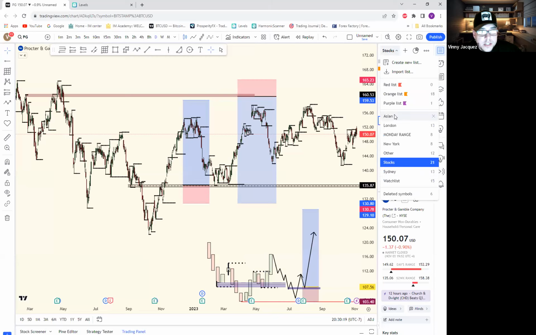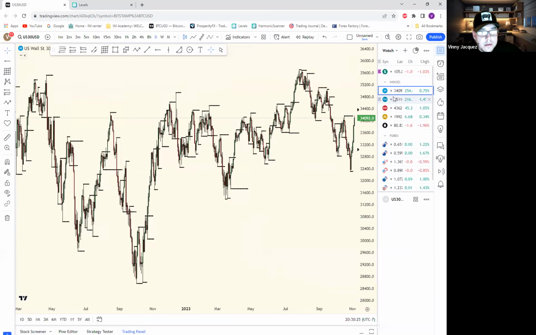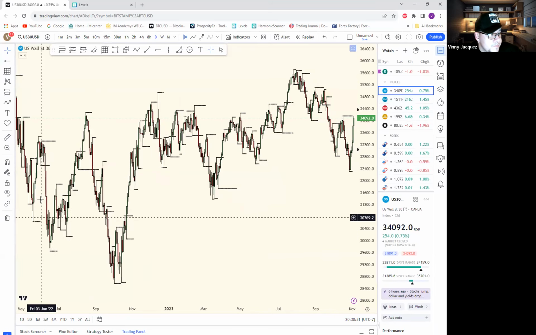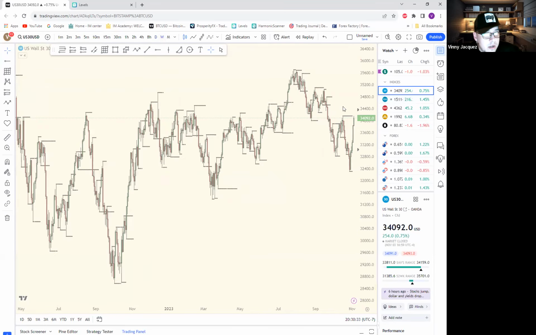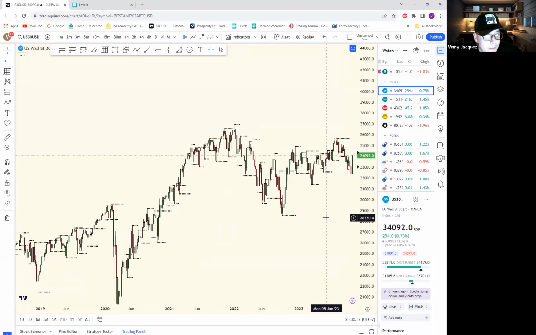Let's see. US 30. Let's jump to the dirty 30. Let's actually look it up. That's cool. I just don't want to delete NAS. All right, let's stay fresh. Let's go ahead and delete some stuff. All right, let's go to a higher time frame. Oh my goodness, barely missed that thing. All right.